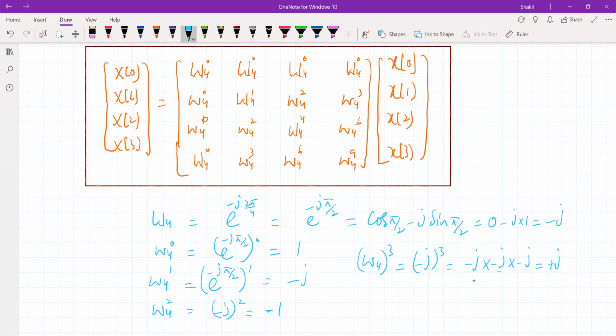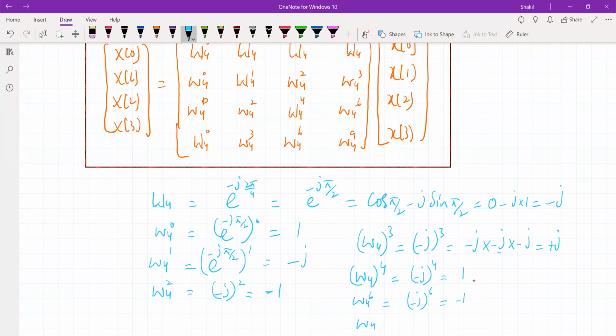Please check the terms. W4 raised to the power 4 will be simply 1. W4 raised to the power 6 is minus j to the power 6, which will be minus 1 again.